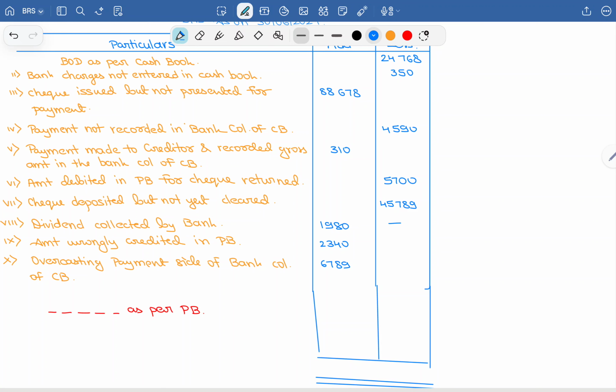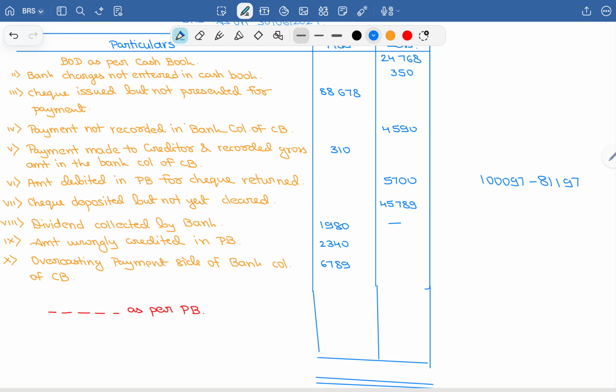So let us add the less side first. It is 81,197, and on the add side it is 10,097. So the add column is heavier.